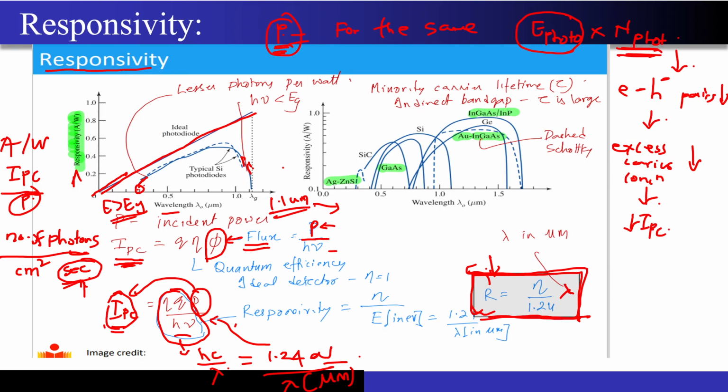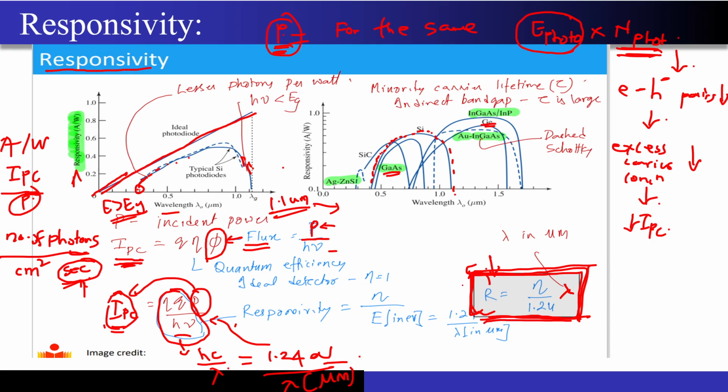So that's why even at a smaller wavelength it falls. Actually it is not a straight line like this. So that's why you can see you have regions where it increases, it peaks out, and again it decreases. For all the semiconductor materials that I have shown over here, you will get the same curve, correct. So just remember this formula for the responsivity with respect to the efficiency and all.